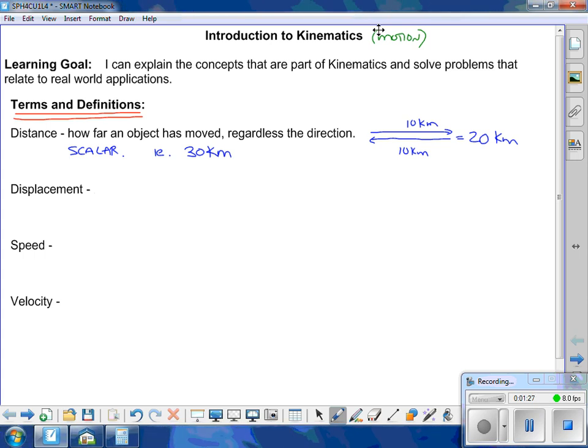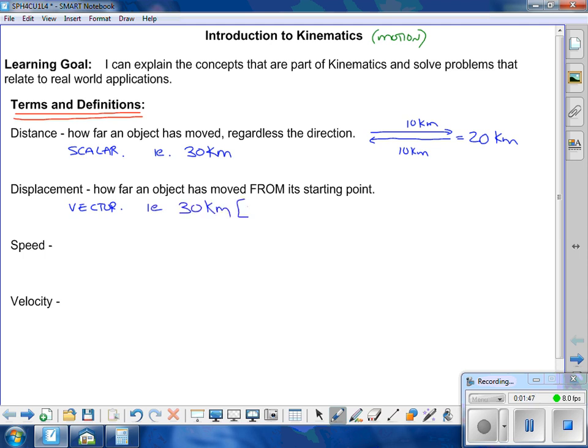Okay, what makes it a little bit complicated is when we talk about displacement. Displacement is how far an object has moved from its starting point. All right, so this is a vector. And that's what we were working on the last couple days. So 30 kilometers, but now I need a direction.